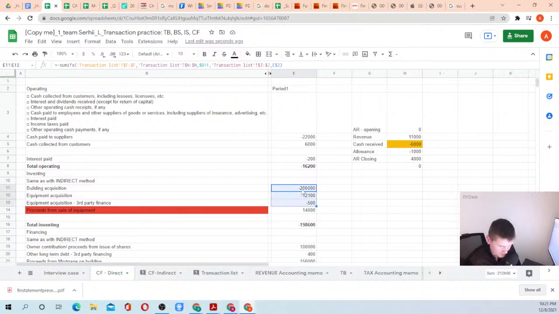Okay, so that's the right number for our acquisitions of fixed assets, and that's the right number for proceeds from disposal of fixed assets.